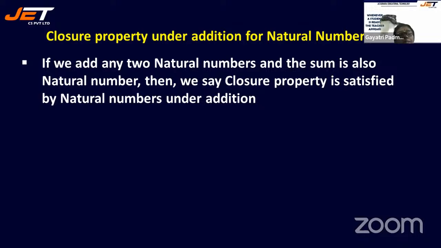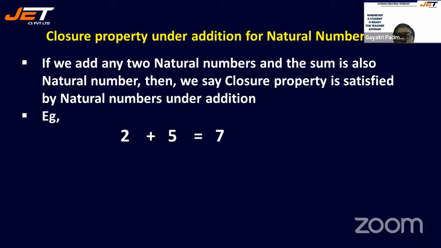Natural numbers are 1, 2, 3 and so on till infinity, except 0. This property says if we add any two natural numbers and the sum is also a natural number, then we say the closure property is satisfied by natural numbers under addition.